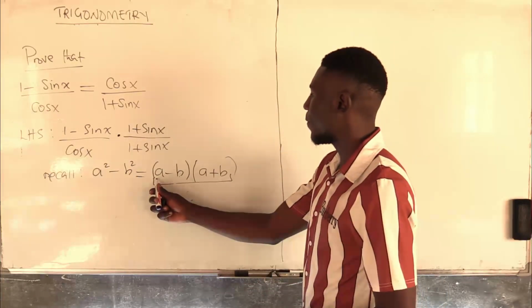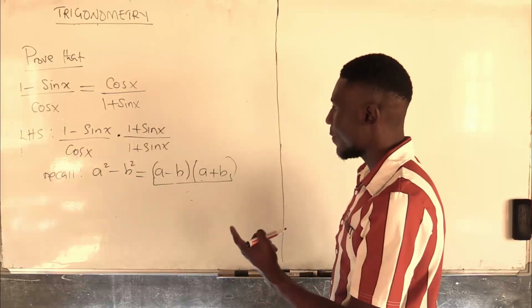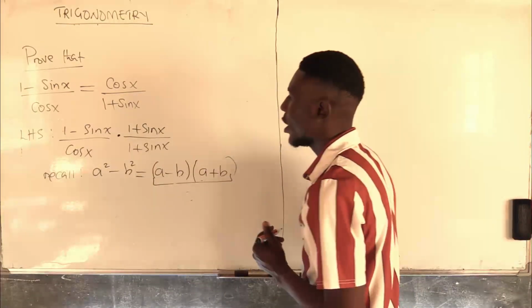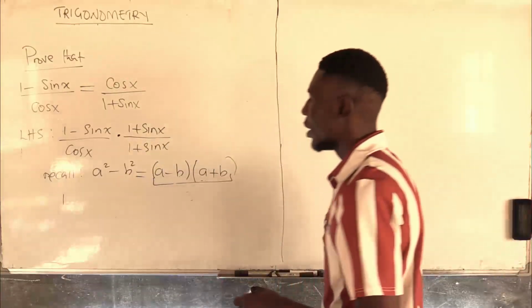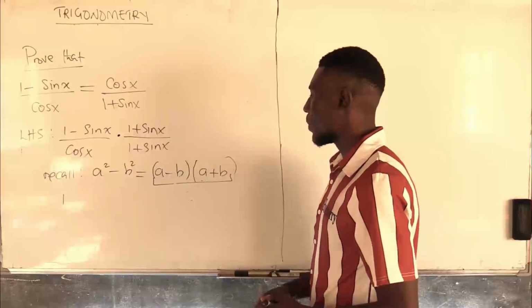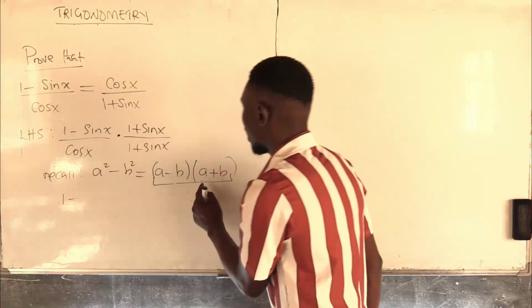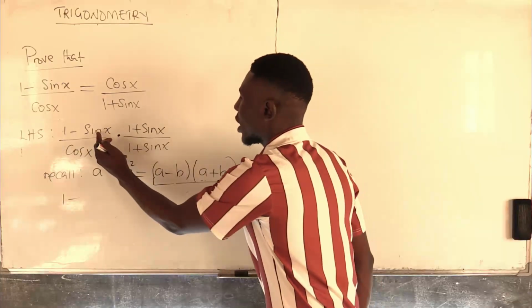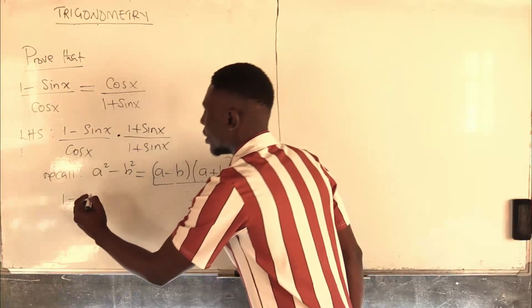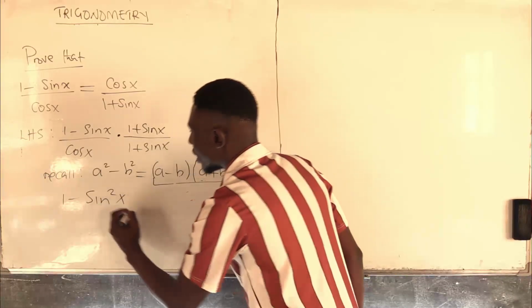We're going to get the first part for both cases, have it squared, meaning that we get 1, we'll square it, and 1 squared is just the same as 1. Then you have to write negative, then get the second part, you square it. The second part we have here is sine. So we have to square sine. So we get sine squared x.